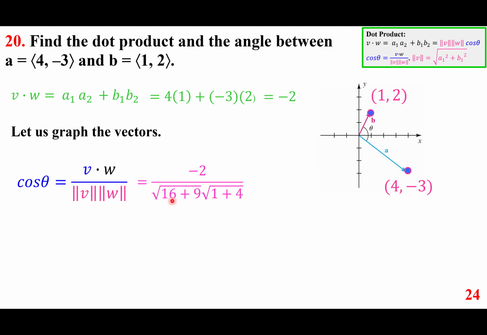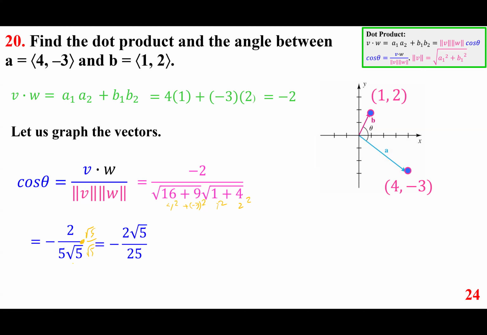Let me just write this so everybody can see: this is 4 squared, this is negative 3 squared, this is 1 squared, this is 2 squared. And so we get 25, which comes out as 5. We get 5, which doesn't come out. If you multiply by square root of 5 over square root of 5 to rationalize, the denominator becomes 25.